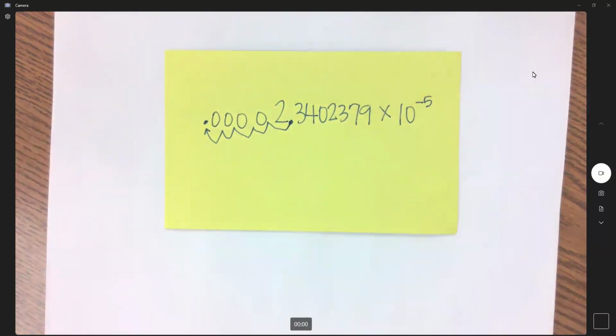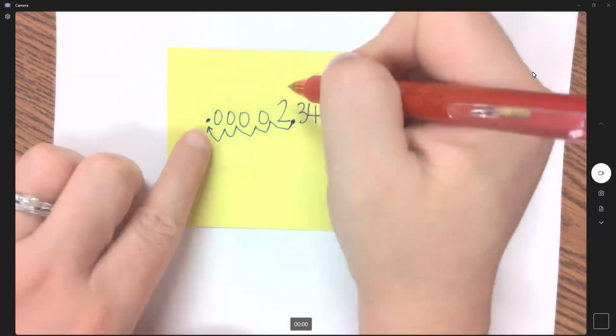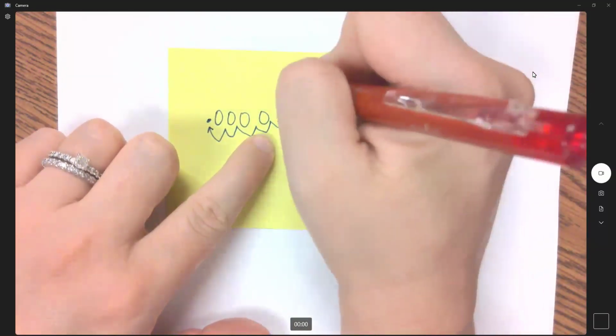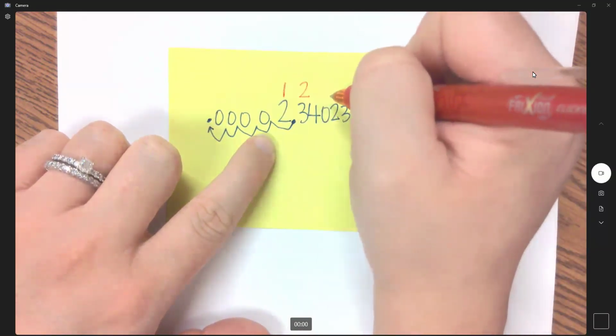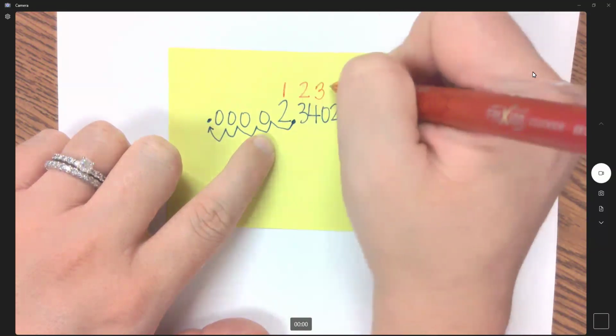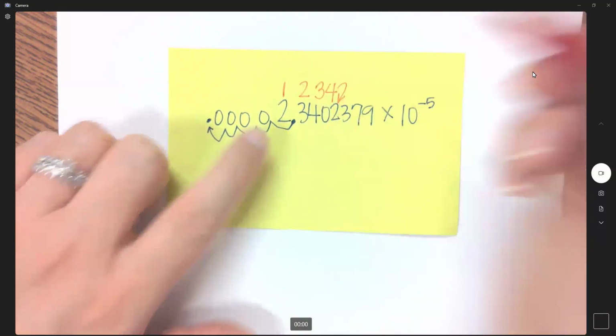So now when I'm rounding to my 4 significant digits, these 4 zeros do not count. This is my first significant digit, my second significant digit, third, and fourth. So we're looking at that 2 right there.